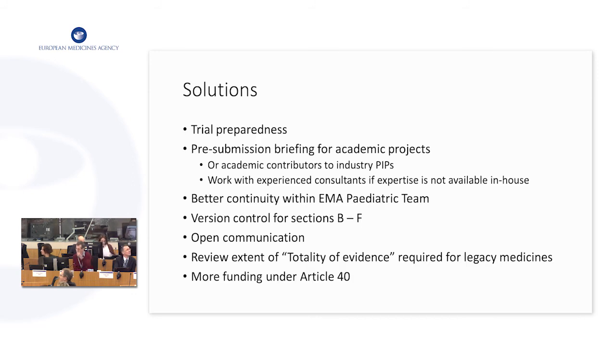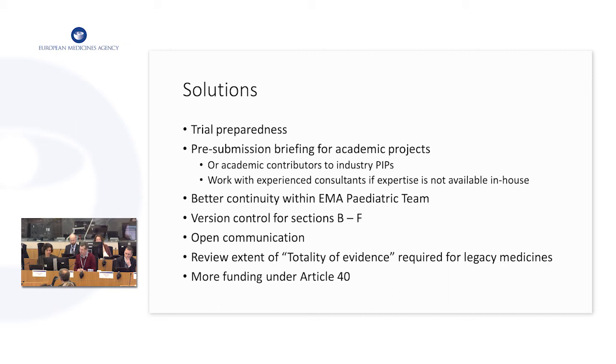So the solutions are our trial preparedness, as we've started. Maybe academics need to have a different way of working with the EMA, or work with experienced consultants. We would ask for even better continuity within the EMA pediatric team, which in this day and age with continuity planning being so difficult, we accept.